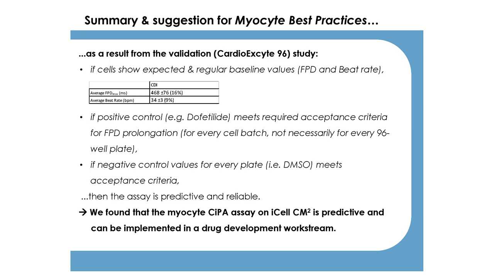And so from this validation study, our suggestion for a myocyte best practice would be: if the cells show an expected and regular baseline based on FPD and beat rate, like this here, and if the positive control meets the required acceptance criteria, and also if the negative control values for every plate meet acceptance criteria, then the assay is predictive and reliable.